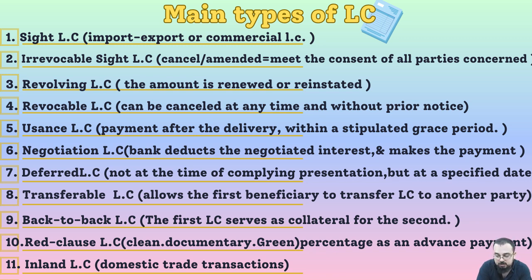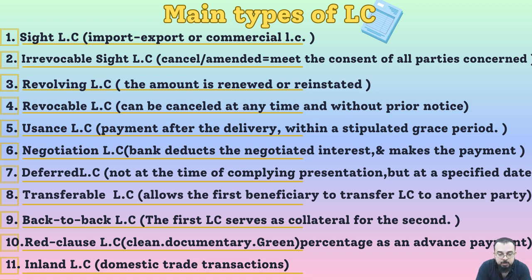However, there is a little difference. What is the difference between deferred payment and usance? Usance is more similar to an acceptance letter of credit, since a usance letter of credit involves a draft.